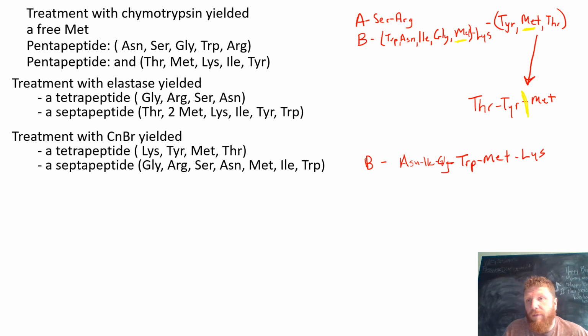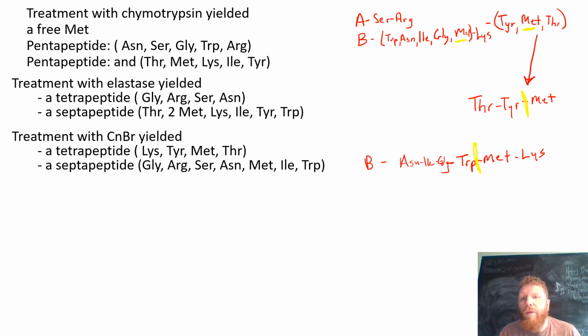And then, of course, we have that C-terminal peptide. So if we cut our B peptide with chymotrypsin, it would cut right there. That would get us a methionine, but would it be a free methionine? No, because that methionine is going to be followed by a lysine.